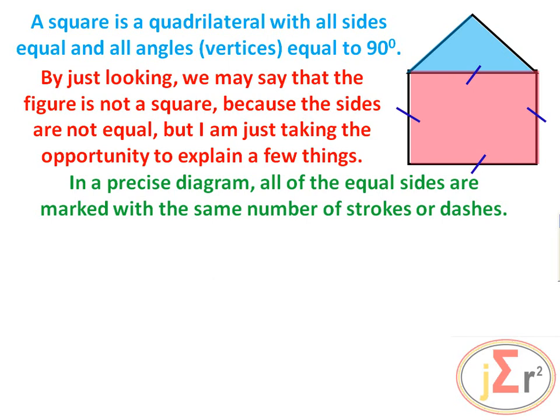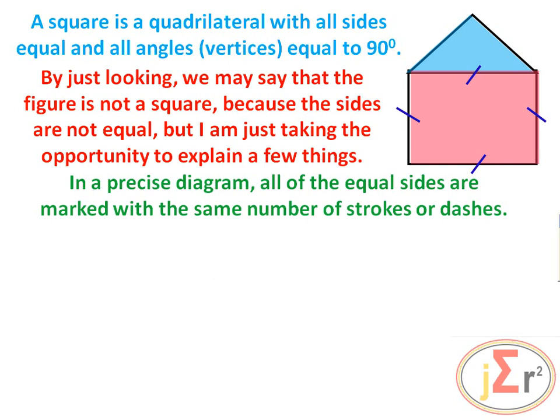Now, sometimes students look at a diagram and conclude that all sides are equal, but it is not good to arrive at that conclusion with the naked eye, without assistance.